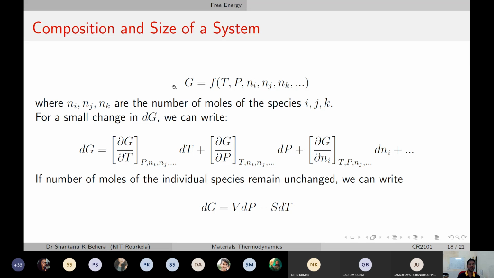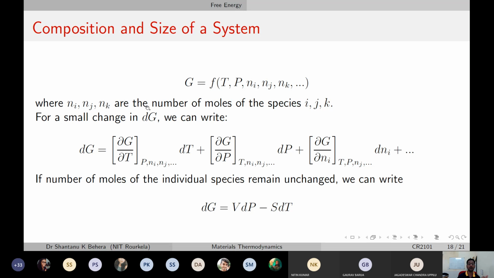Since G is a function of temperature and pressure, those are the independent variables, and it's also a function of compositions. Because we made the system an open system, you're allowing things to come in and things to go out, and you'd like to see the changes these things bring in G.